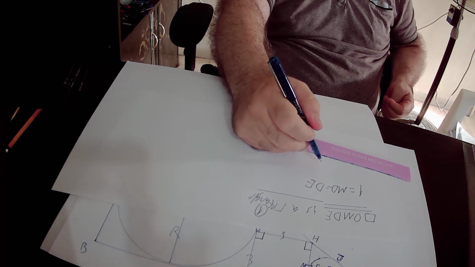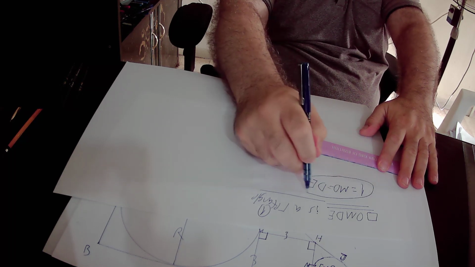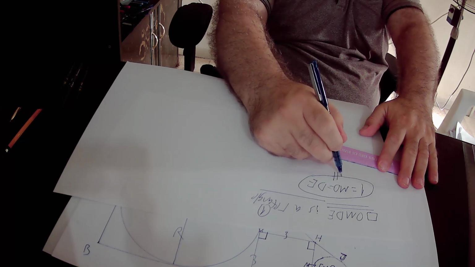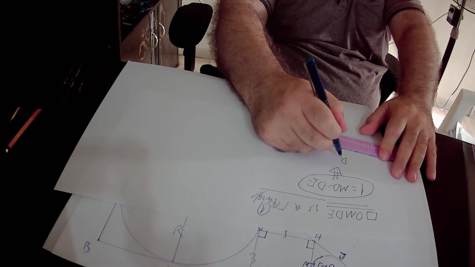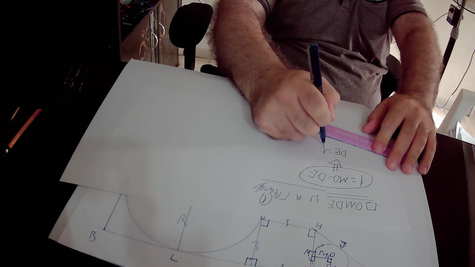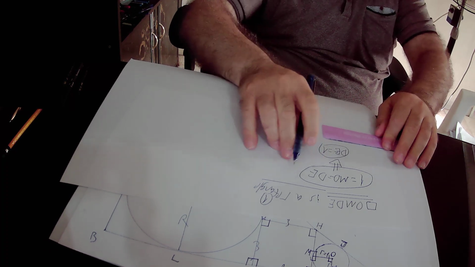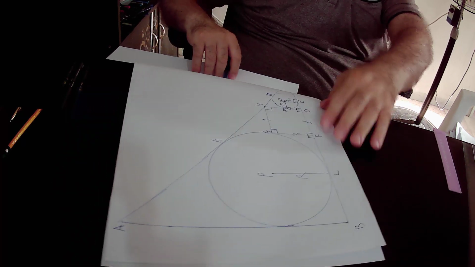And from this equation, 1 equals MO equals DE, we derive that DE is also equal to 1 unit. You can write here that DE equals 1 unit.